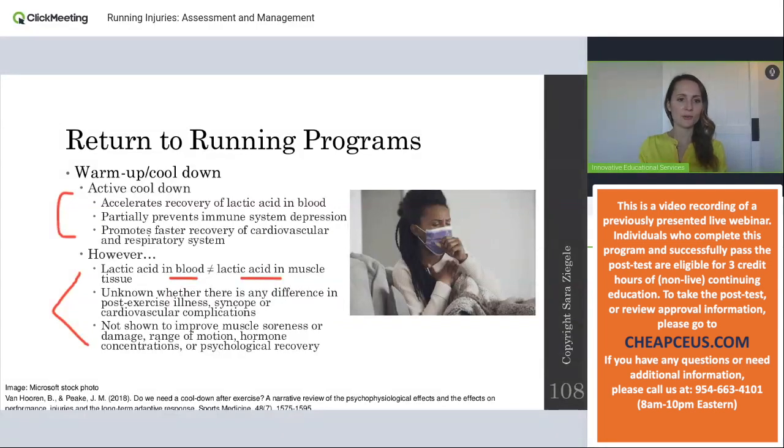Similarly, it's not known if there's any actual change in muscle soreness, damage, range of motion, hormones, or psychological recovery from the cool down. So, in the lab, in a vacuum, we know that there are these physiologic improvements when we do a cool down. However, we don't really know if there are any actual practical benefits that come from it.